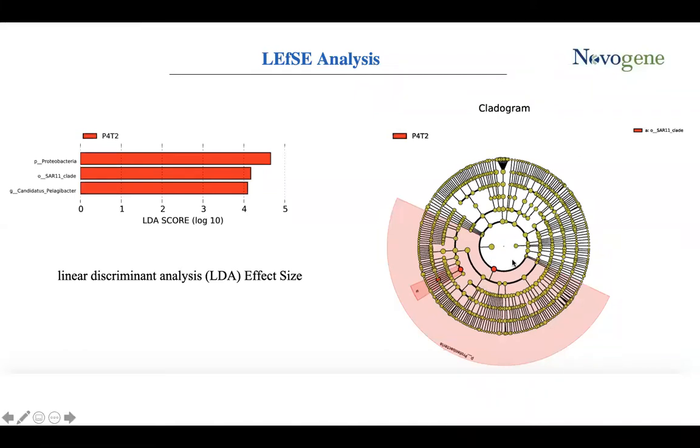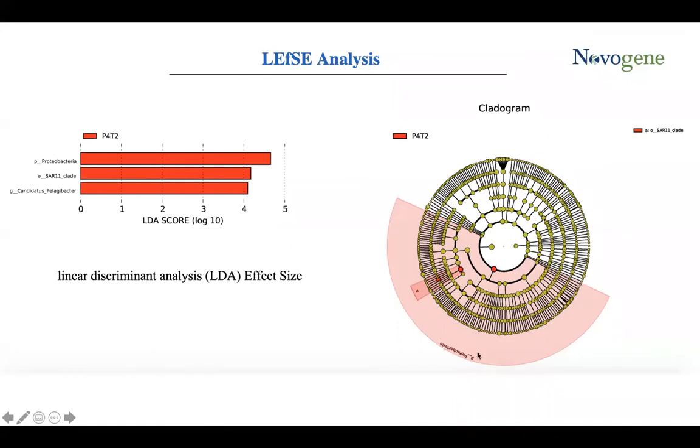And in the cladogram, the circles radiating from the inner side to the outer side represent taxonomic rank from phylum to genus. And each circle here stands for a distinct taxon at the corresponding taxonomic rank. The diameter of each circle represents proportionally the relative abundance of each taxon. The yellow nodes here stand for taxa with non-significant differences, and the taxa or biomarkers with significant differences will be colored according to their group color.